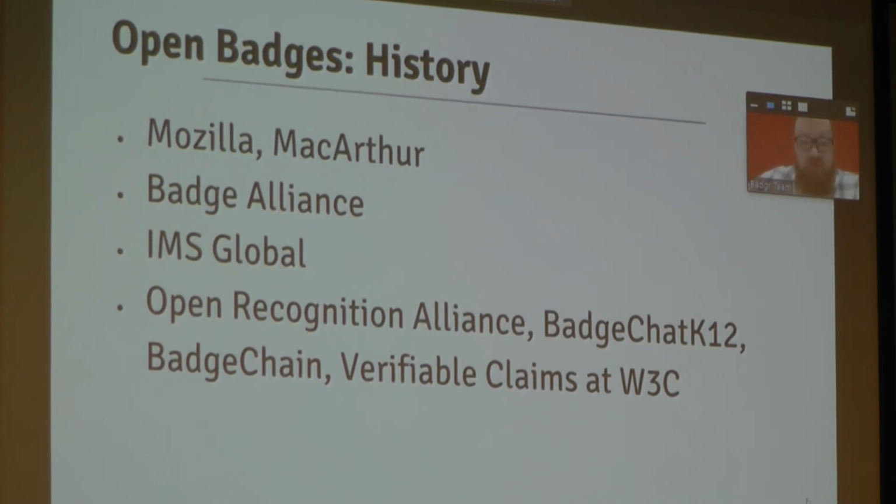So now we have organizations like the Open Recognition Alliance, which I participate in, Badge Chat K-12, led by Noah Geisel, and in large part also Rich Dixon. Badge Chain, a group of researchers from the Open Badges core original crew who are investigating the intersection of blockchain technology and open badges. And then there's a large community forming at the W3C, an even larger standards body than IMS Global, around the idea that's called verifiable claims.